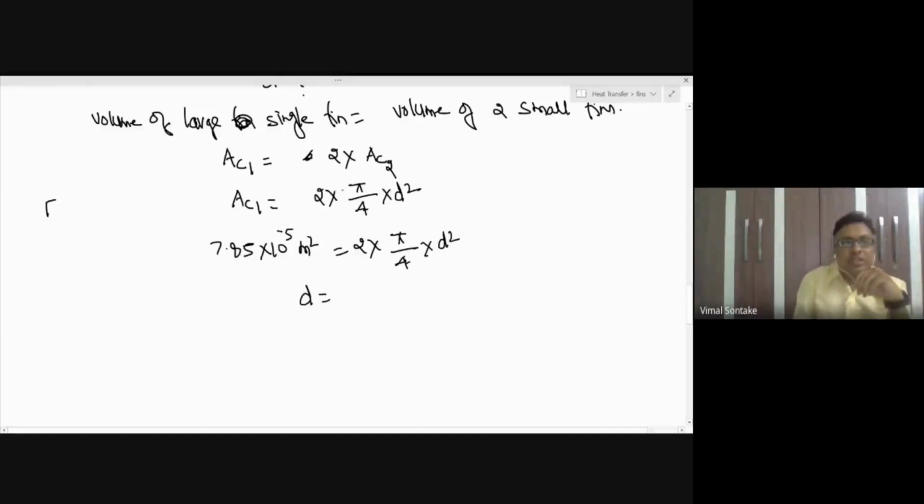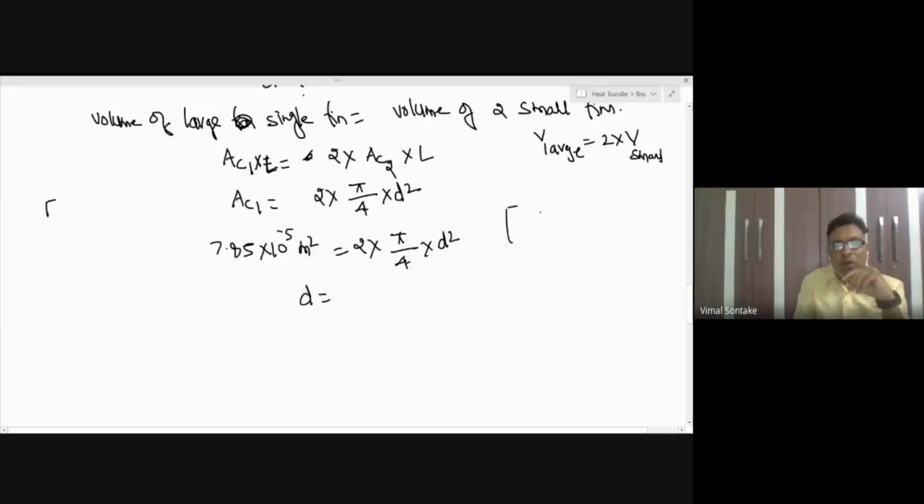Oh, this is cross-sectional area. I need to calculate volume. So you are supposed to multiply L as well, isn't it? Volume of large fin is equal to twice the volume of small fins.